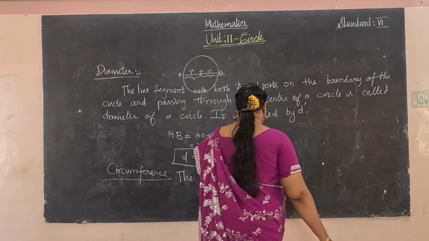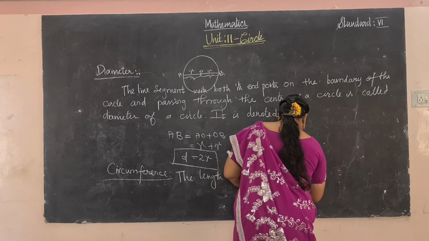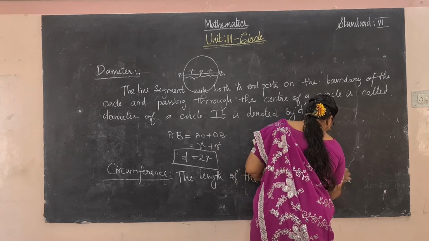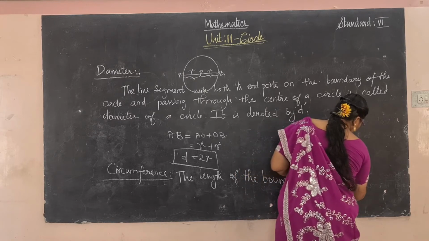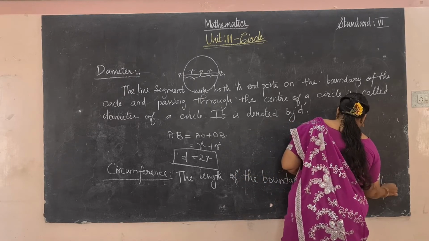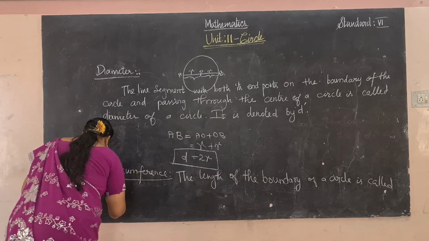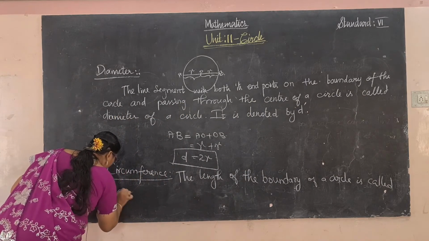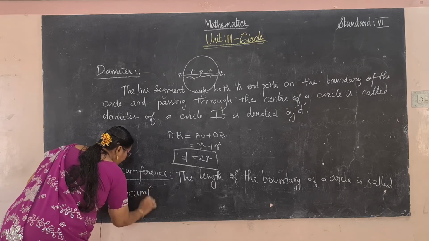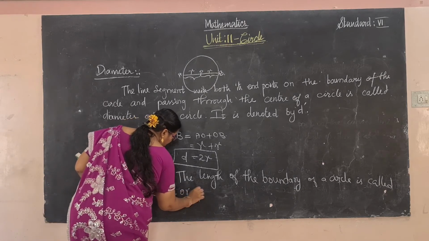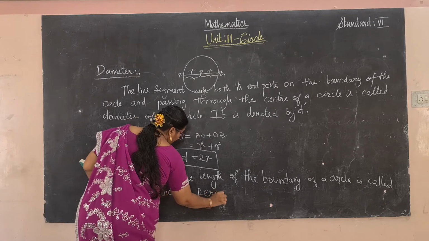The length of the boundary of a circle is called the circumference or perimeter.